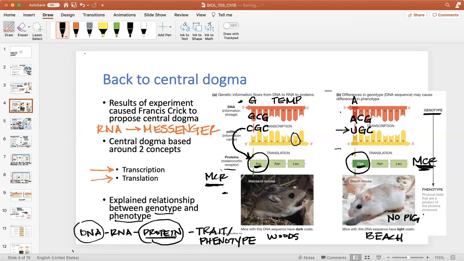Now, you might think that that would be a bad thing, and if this mouse lived in the woods, it maybe would be a bad thing, because if this mouse lived in this habitat, then this mouse here would be really visible to predators in a dark wooded environment. But because this mouse lives at the beach, where it's up against light colored environments, the sand here is light colored, you can see that this mutation was actually beneficial, okay?